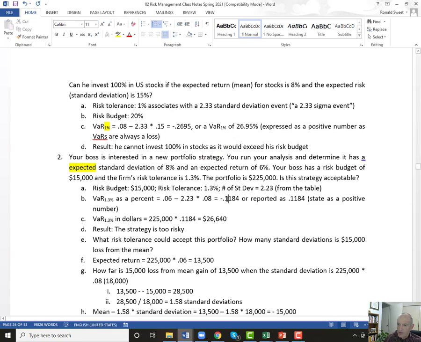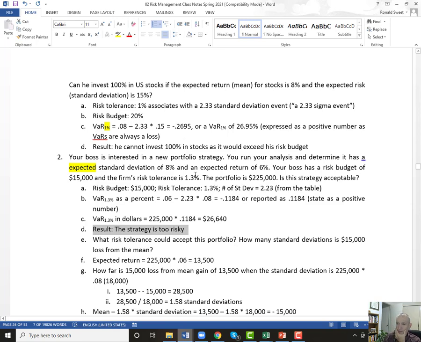That gives us a VAR in percents of negative 11.84%, or stated as a positive 11.84%. So what is that in dollars? Well, our portfolio is $225,000. So $225,000 times 11.84% is $26,640. Our budget is $15,000. The result is this strategy is way too risky.